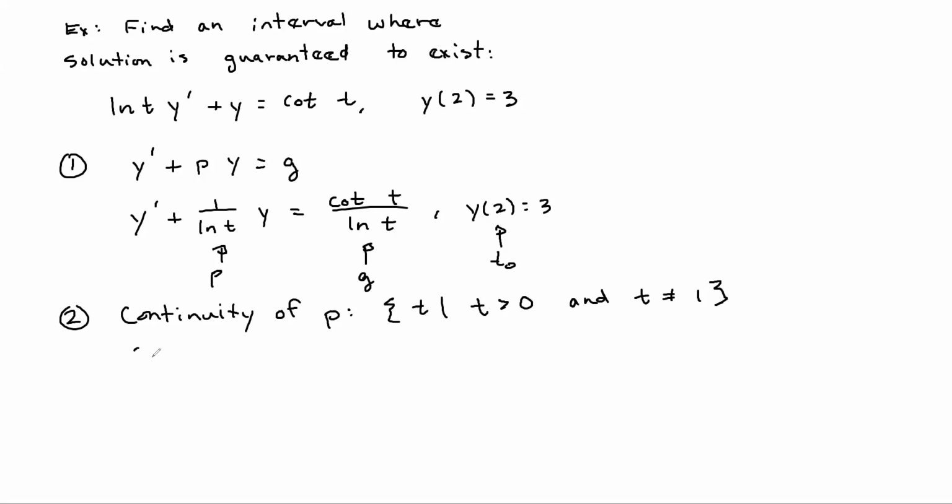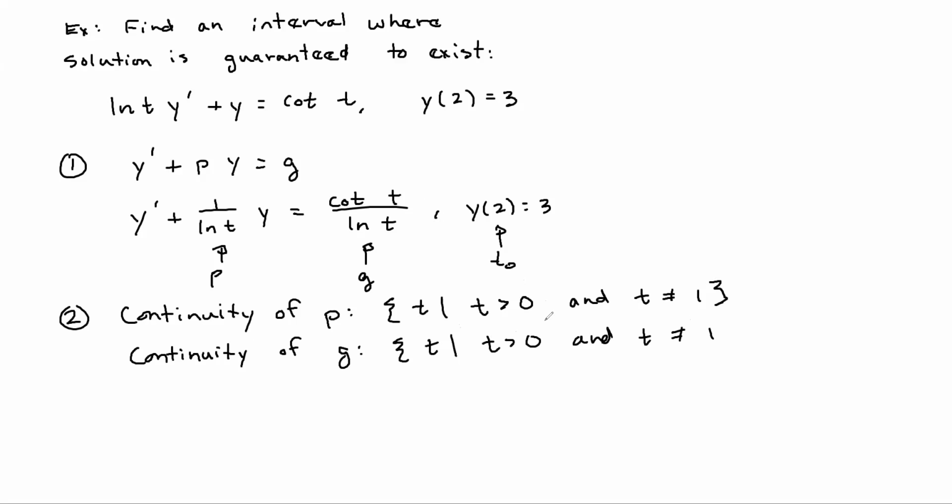All right, how about continuity of g? So g has that same condition where natural log is in the denominator, so we can just inherit those. We've already done those. And then we also have this cotangent. If you recall, cotangent is 1 over tangent, so we think about where tangent is 0.